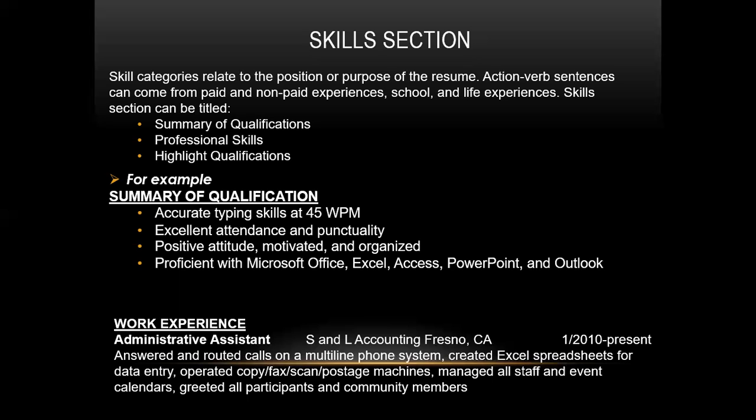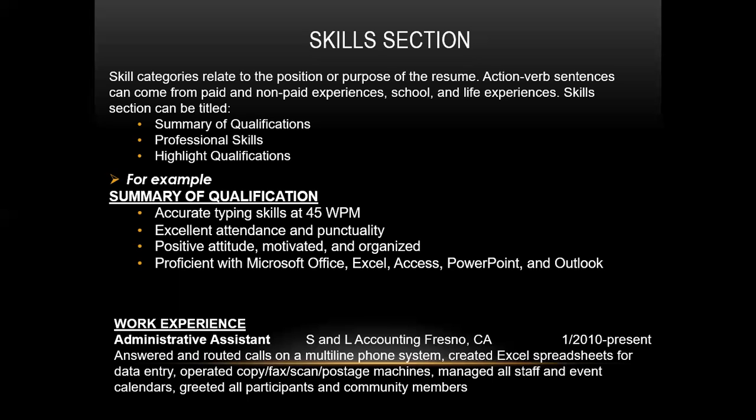Sometimes what people have done is, well, what we used to do is put the objective right underneath our names. But now, more recently, we've gone into a trend where we're highlighting qualifications, or we're writing a short 4-sentence paragraph called a summary of qualifications, where basically you're going to say these same things that I bullet pointed, but in a sentence format.